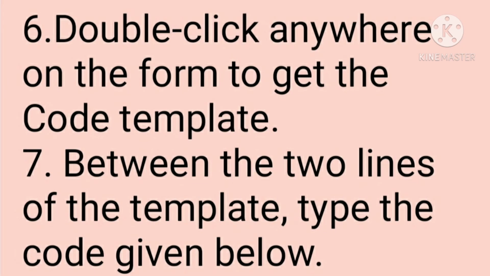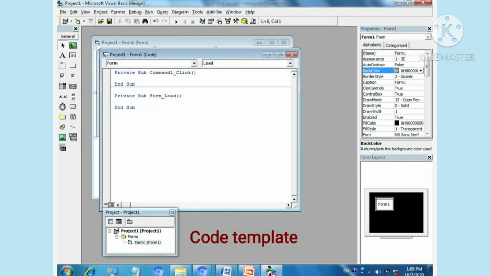Sixth step, double click anywhere on the form to get the code template. Seventh, between the two lines of the template, type the code given below. In this image you can see the code template where you can write code of the VB program.